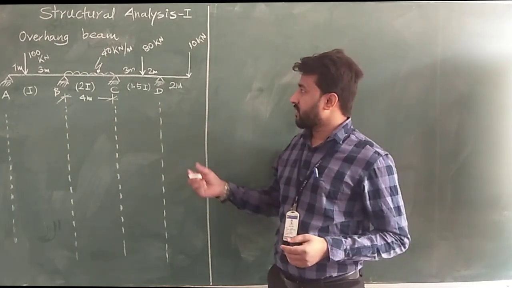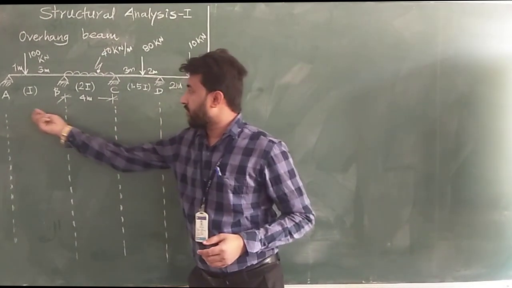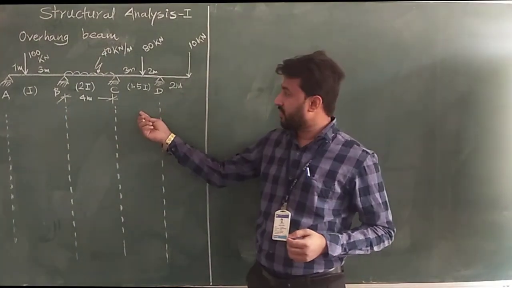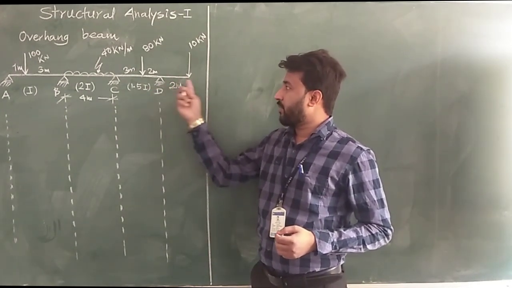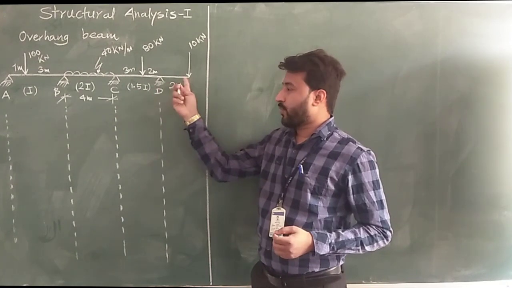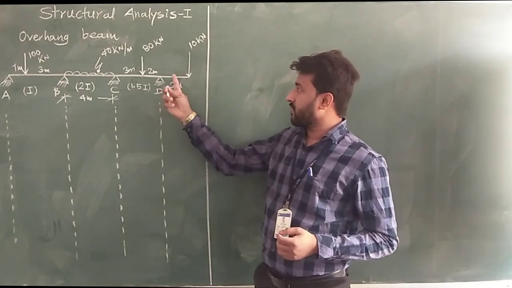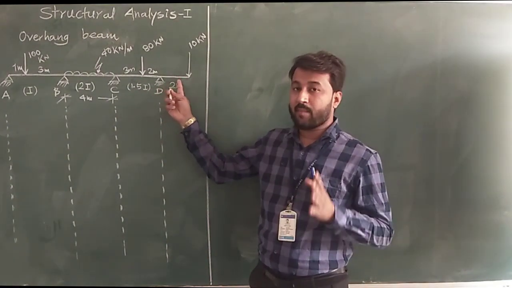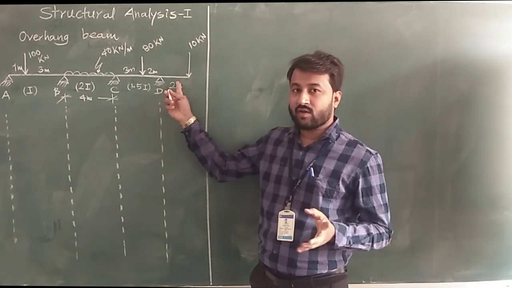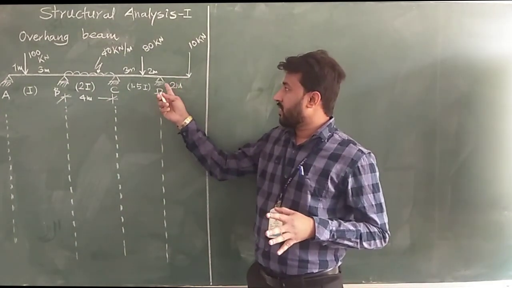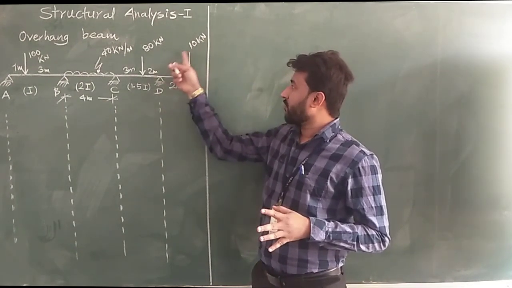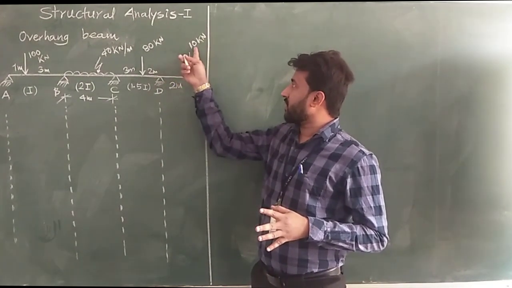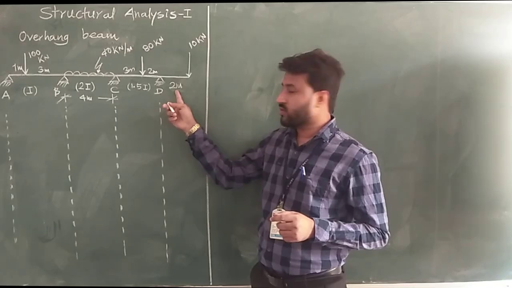Okay, so I have taken the same numerical which I took in the previous class, and I have made one overhang element at the D support. This overhang beam is nothing but a member, but it is a part of the determinate structure. So this overhang portion will create a moment of 10 kN with this distance of 2 meter.